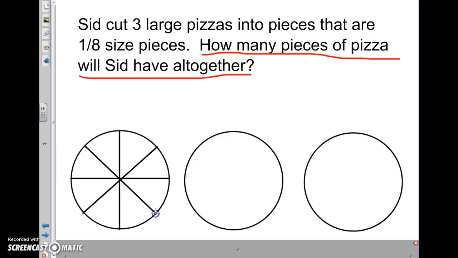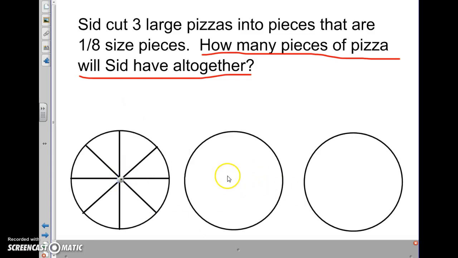Okay. So are each of these pieces 1/8? Well, if we have 1, 2, 3, 4, 5, 6, 7, 8 pieces, then yes, each one of these is 1/8. So we have divided it, we've cut it into 1/8 size pieces. Let me just do a quick thing here. What if I go like this?